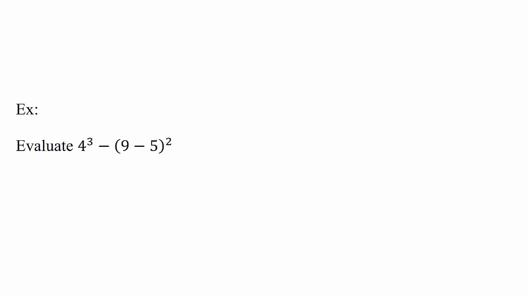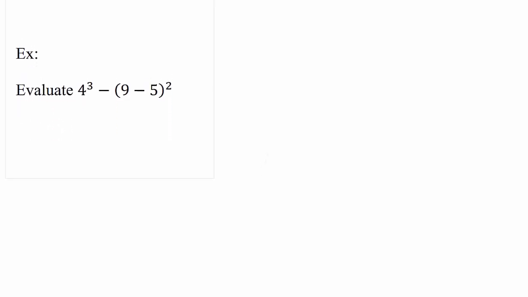Looking at another example, we've got 4 cubed take away, and then in brackets, 9 subtract 5, and that's all squared. Following the order of operations, I'm going to do what's inside the brackets first. So this is 4 cubed take away, and then 9 take away 5 is going to be 4, and that now has an exponent of 2.